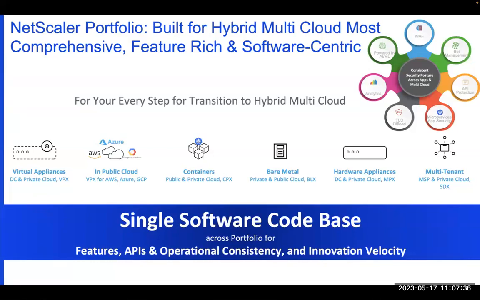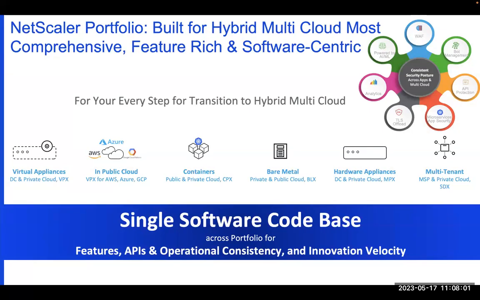We can use the same firmware to run on bare metal platforms, which we call BLX. And of course, the traditional hardware appliances which many of our customers have been using, which is our MPX hardware, the single instance hardware appliances, and not forgetting our still very popular multi-tenant SDX hardware platform.